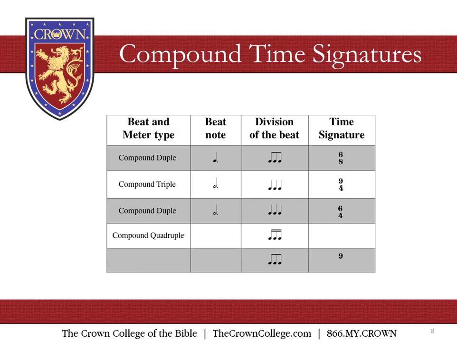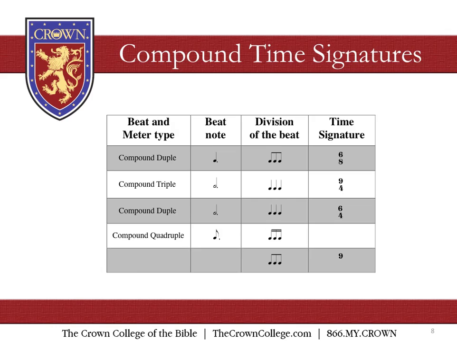This next one we're told is compound quadruple. But all we're given is the division of the beat, 3 sixteenth notes. Well, when I combine all 3 of those 16th notes, I will be given my beat note. 3 sixteenth notes equal a dotted eighth note. Now I have my beat note. Let's figure out the time signature. What should my top number be?